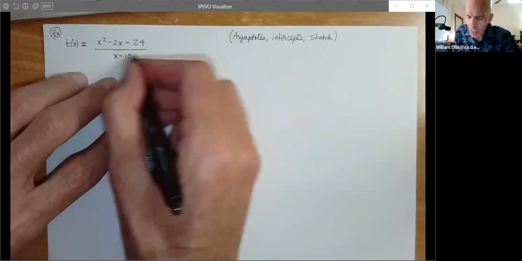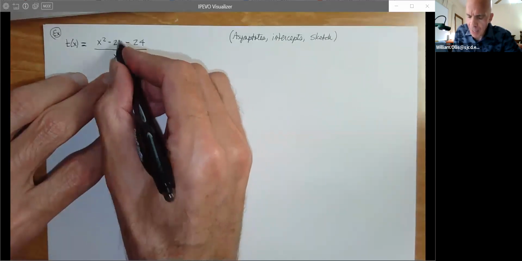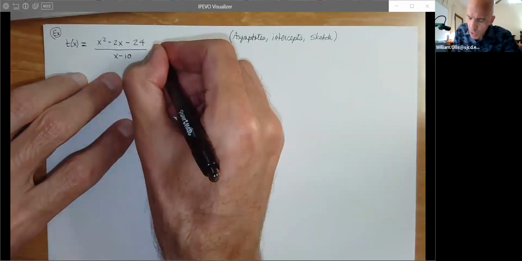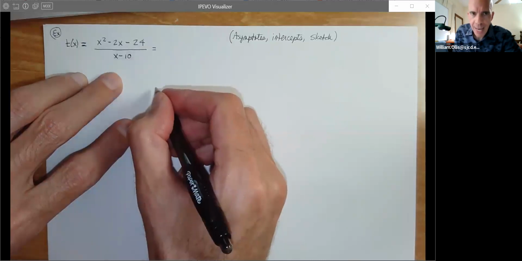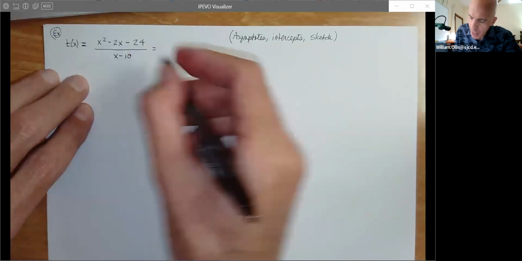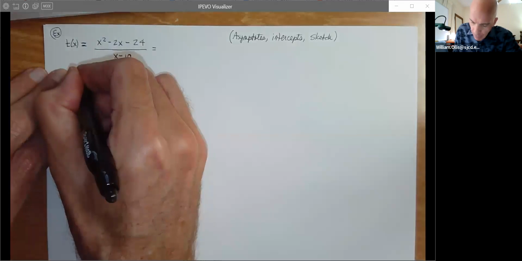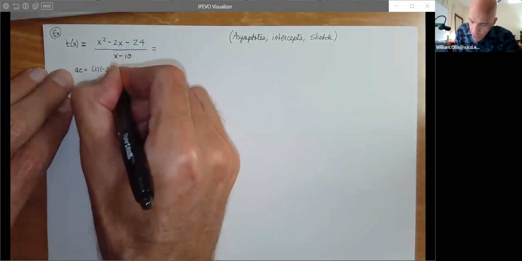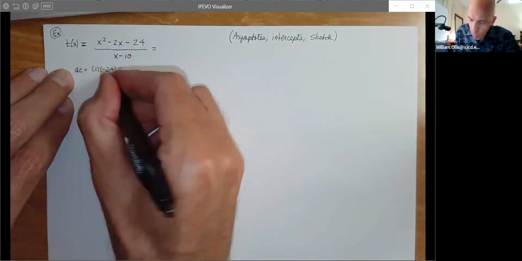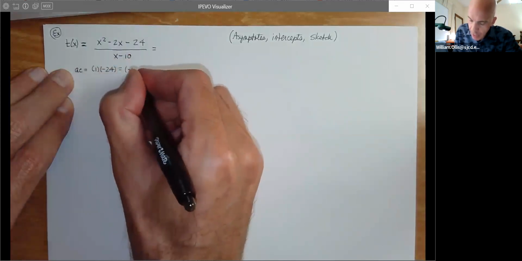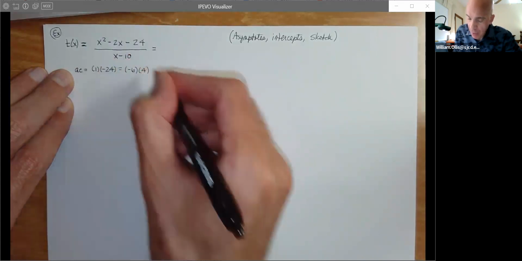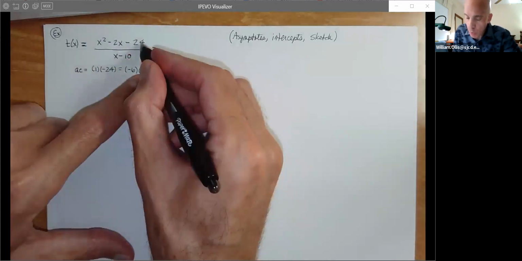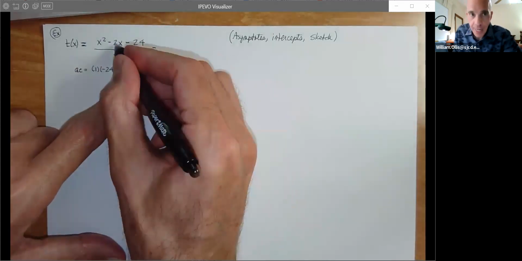Now, notice here, we've got a P and a Q, but let's just do a little analysis here. The AC would just be 1 times a negative 24, but we can just ignore the 1 and use a -6 and a 4. That will give us the -24, but the sum will give us the -2.